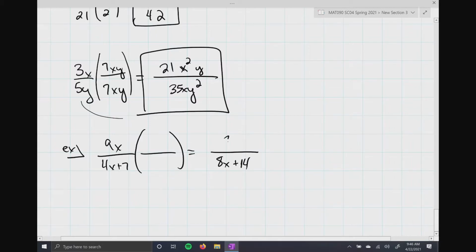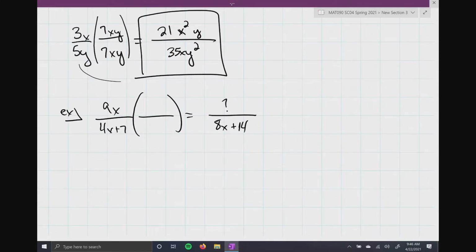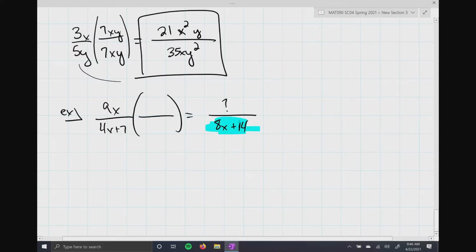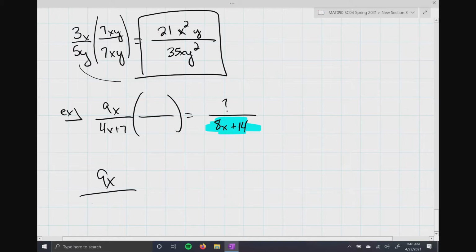Now, whenever we start digging into rational expressions, it's actually a little bit easier. So let me show you why. What I'm going to do here is factor that. And look what I get. I could definitely factor out a 2 to give me 4x plus 7.